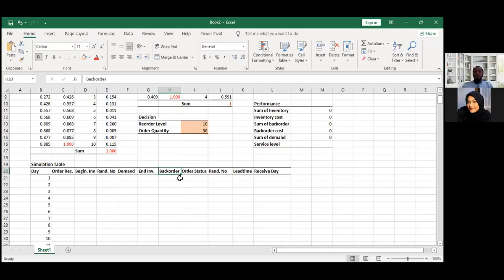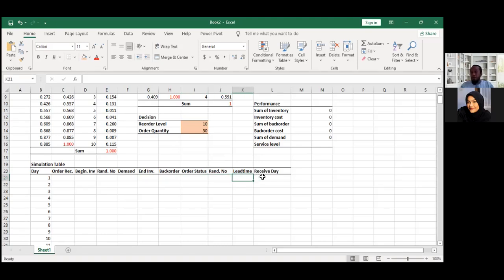And order status: will we order or not? It depends on the ending inventory and the reorder level. If we refer back to the inventory theory, if the ending inventory is less than or equal to the reorder level, then we will order. So the status will be yes or no. Then this is the random number to simulate the lead time.